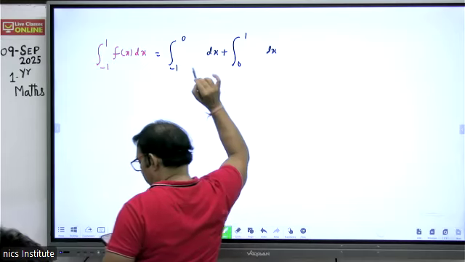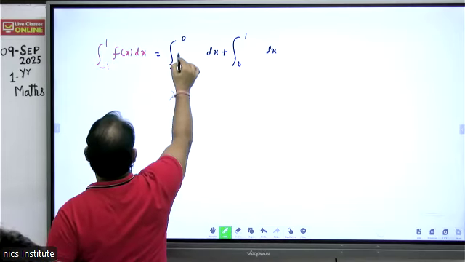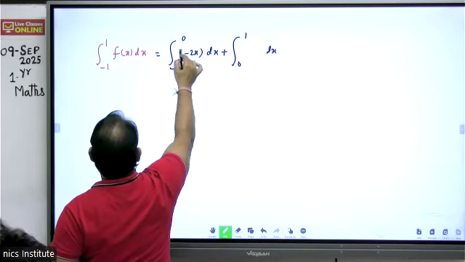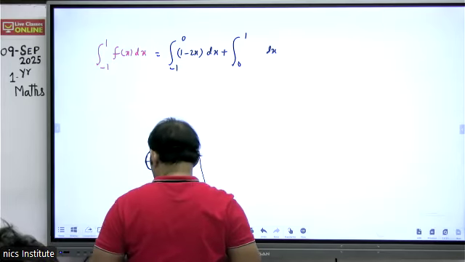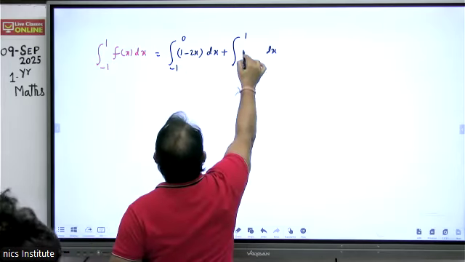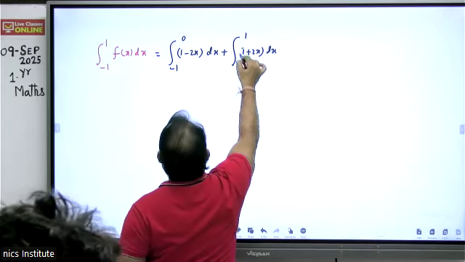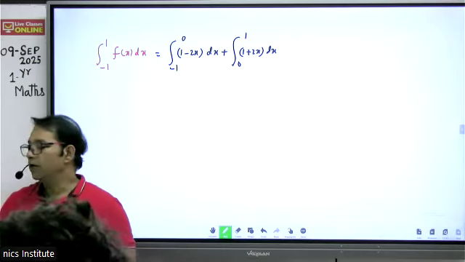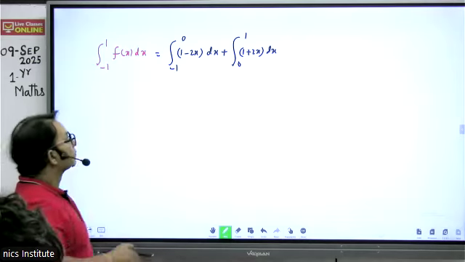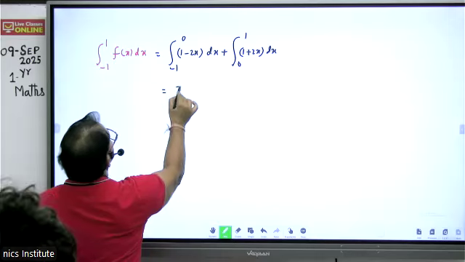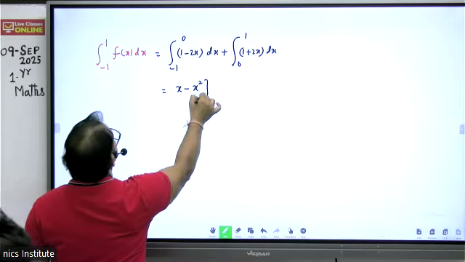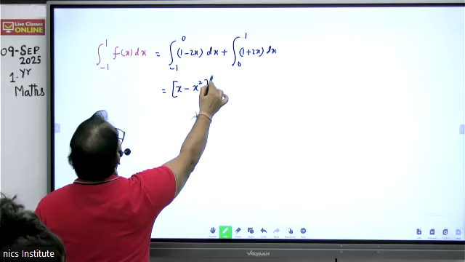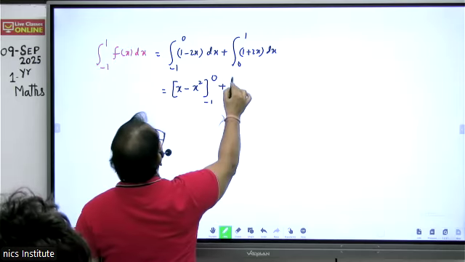When the limit is -1 to 0, the function would be 1 minus 2x. And when it is 0 to 1, the function would be 1 plus 2x. So that's how you break the limit. And now you integrate this. Ensure that there's no silly mistake.